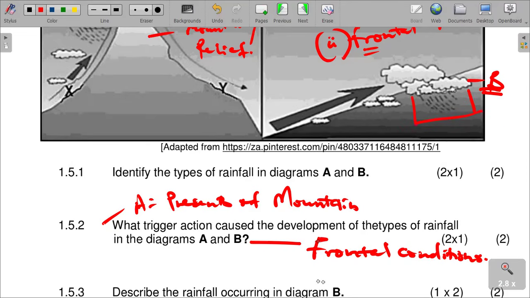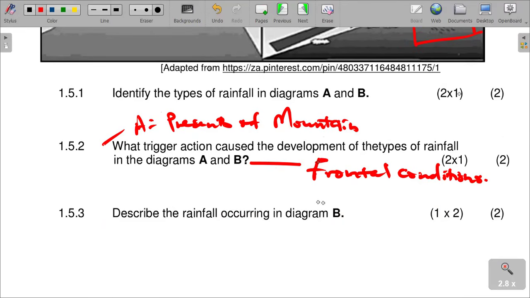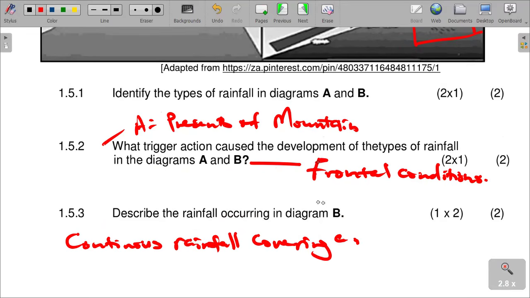So we have continuous rainfall covering a wide area, and the rainfall is very calm and steady.